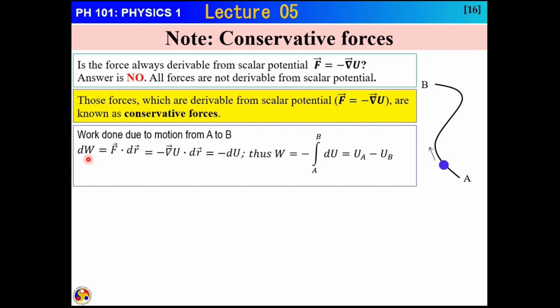That's all. If you know the potential, you know that if we move the particle under this potential, the work done will be UA minus UB, which is the potential energy difference between these two points.